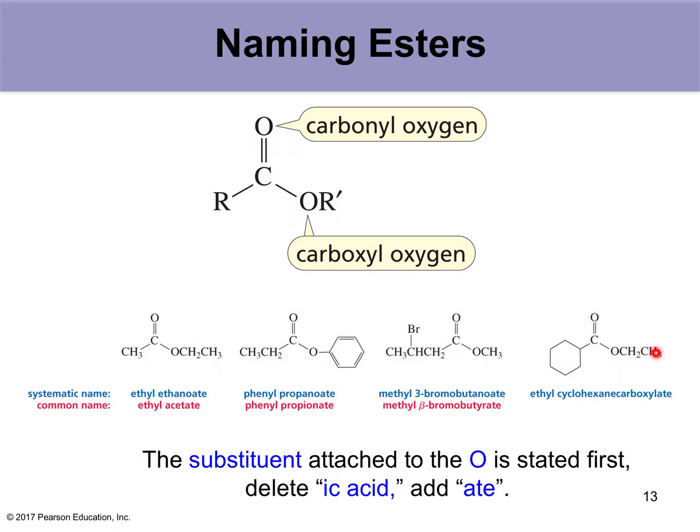It's ethyl, and this is a cyclohexane ring. Ethyl cyclohexane carboxylate. The substituent attached to the O is stated first, and then delete the ic acid and add ate. If it is just a carboxylic acid, you would say oic acid, but since it's an ester, you end it in ate.